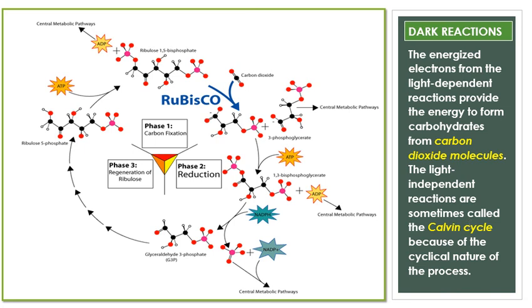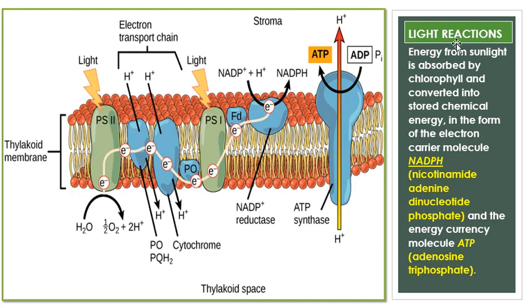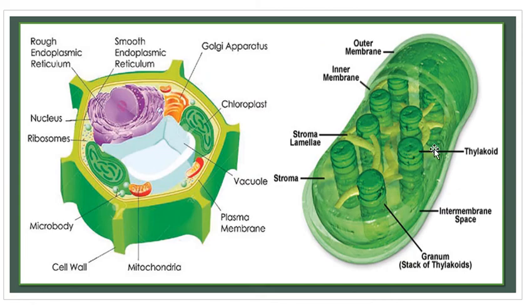Let's start with the light reactions. The light reactions happen in the thylakoid space. So, going back, this is the thylakoid, the circular part, and many thylakoids together form a granum.